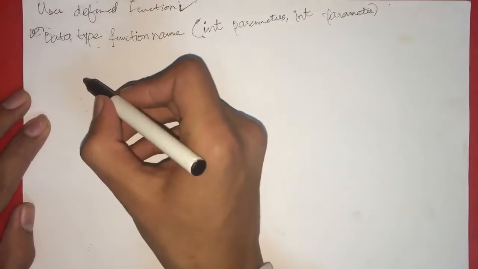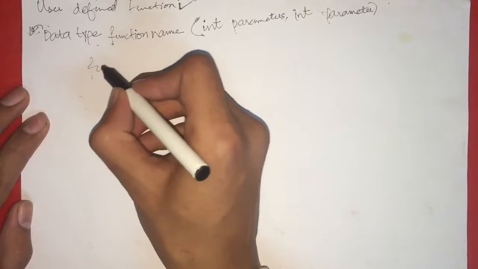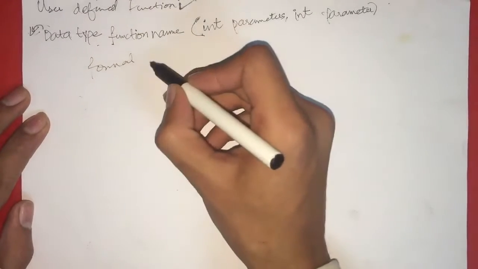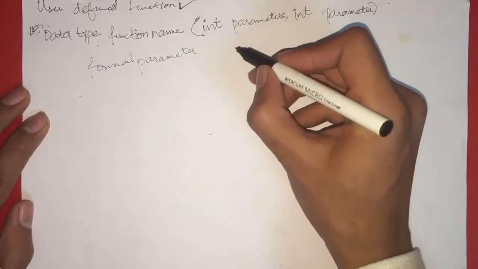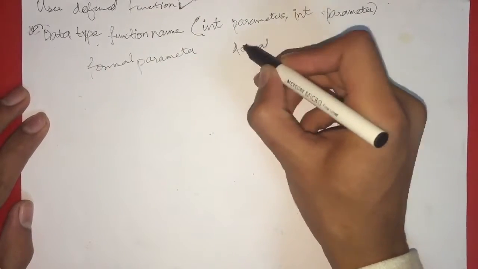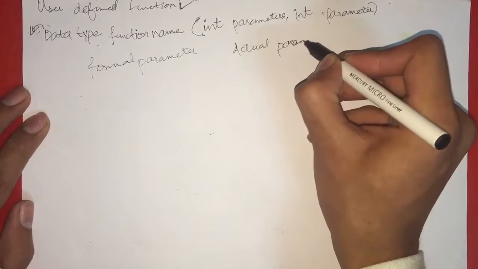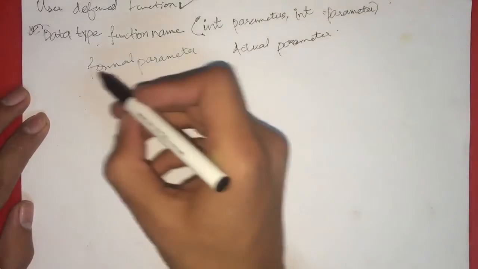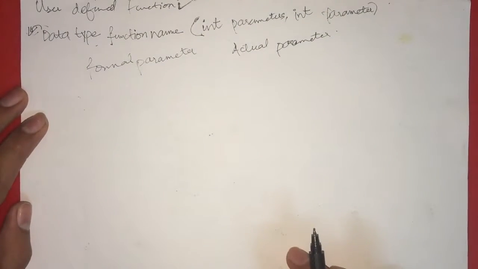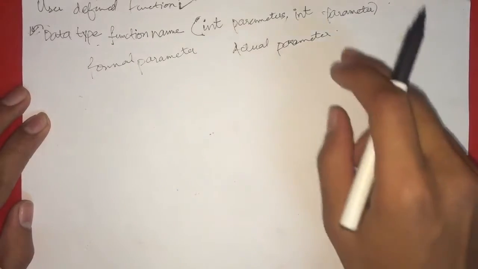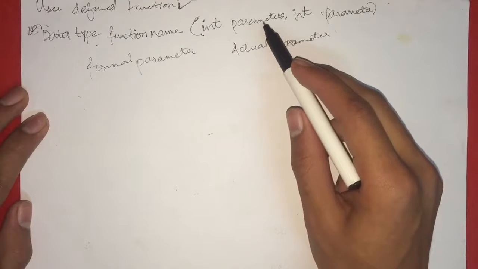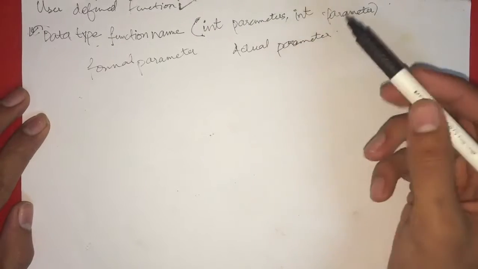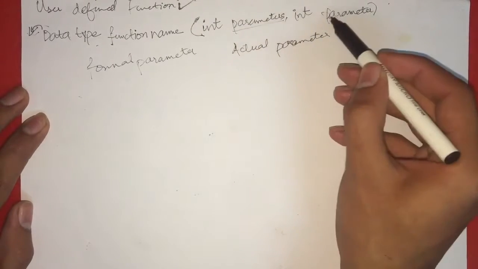There are actually two types of parameters: formal parameters and actual parameters. What is the difference between these two? Formal parameters are the general variables you declare in the space where you have parameters.